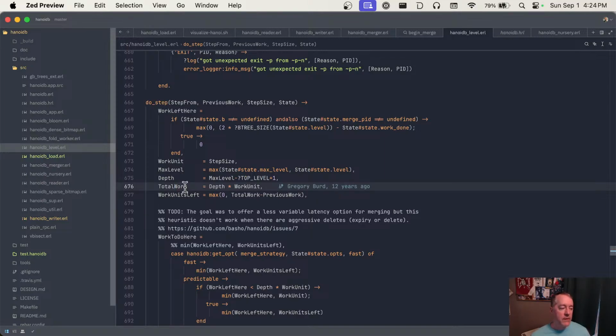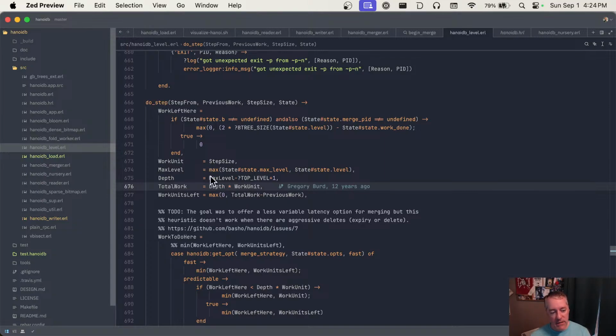Okay. So at bigger levels, the number of keys you're going to process is going to scale. So if you're saying do 256 steps, let's say your minimum level, which here it says top, that's a little bit confusing, but your minimum level is 10, and you're at level 12.